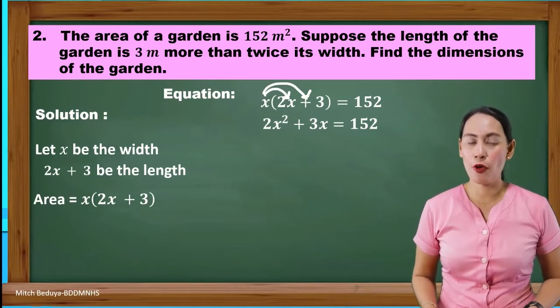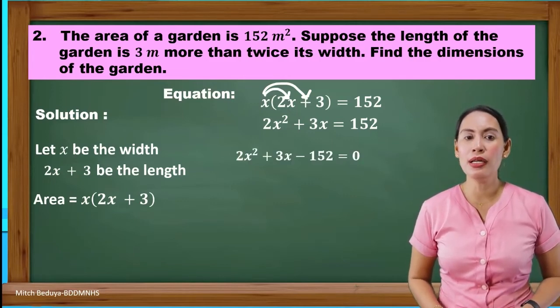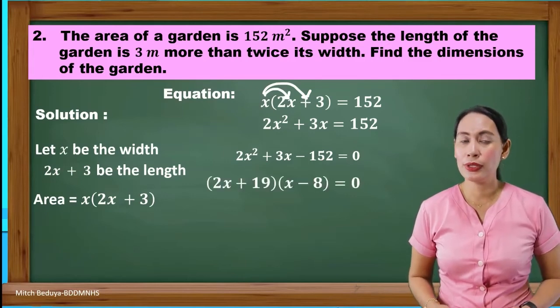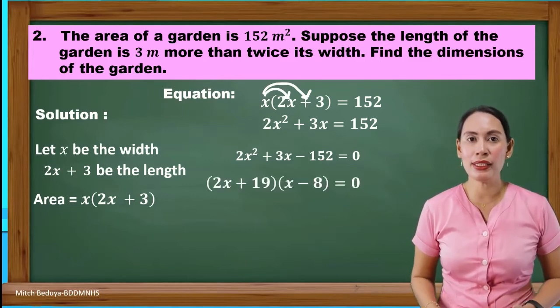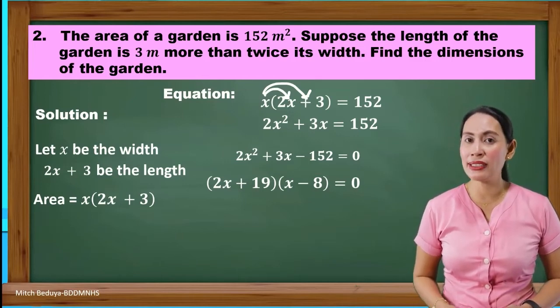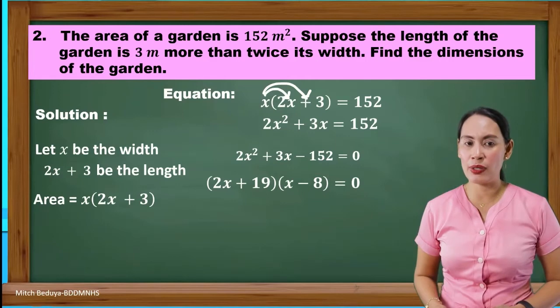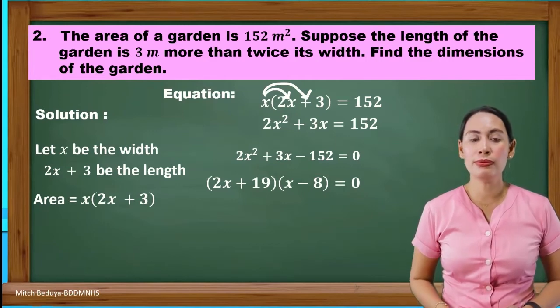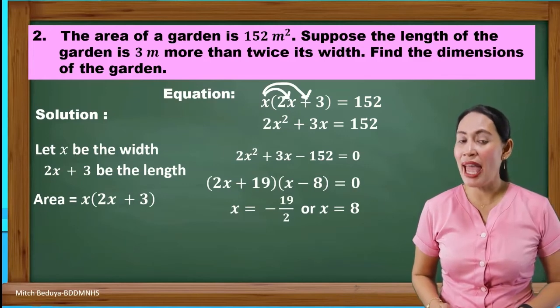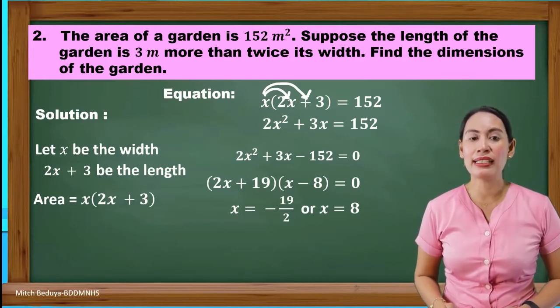So the standard form is 2x squared plus 3x minus 152 equals 0. By factoring method, the equation is the quantity 2x plus 19 times the quantity x minus 8 equals 0. So let us solve. We have x equals negative 19 halves or x equals 8.